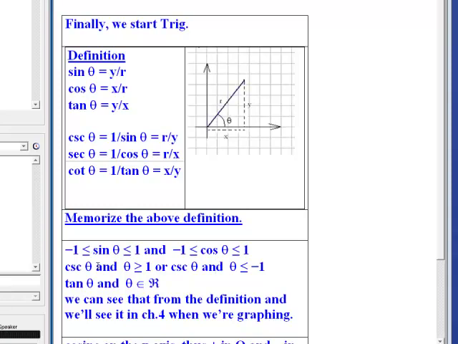The cosecant, which is the inverse of the sine, is, let's see, cosecant is always larger than 1. Oh, this probably says cosecant and secant both are always larger than 1, or the two are always smaller than -1.